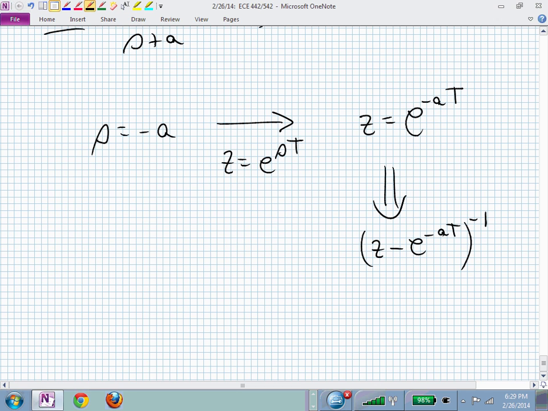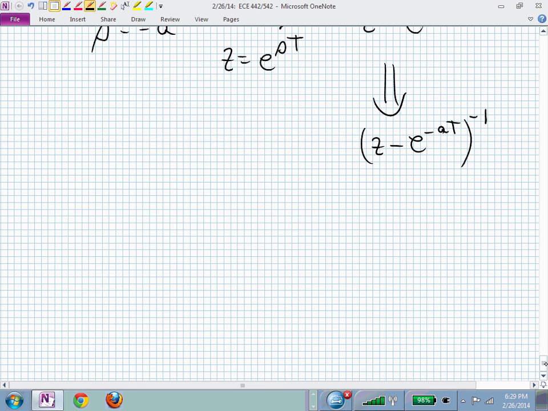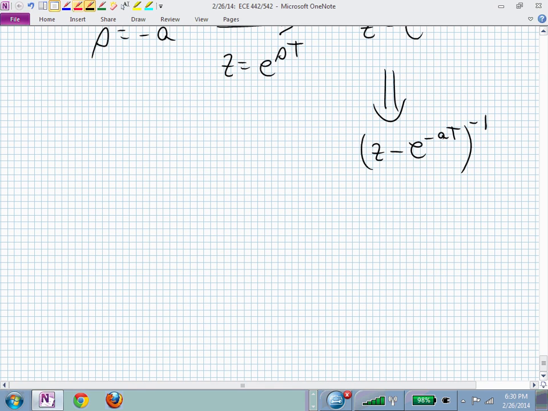All right, now what we do, step 3, is we map our finite zeros. And here's where we have to distinguish between finite zeros and infinite zeros.